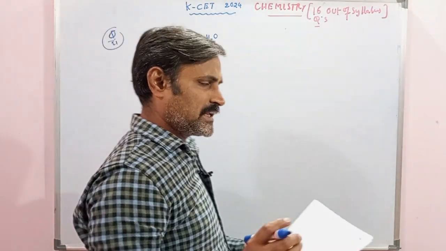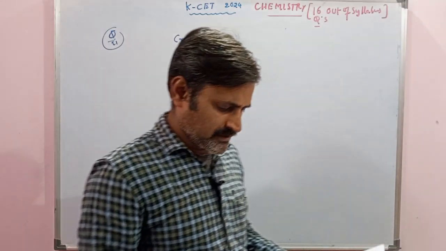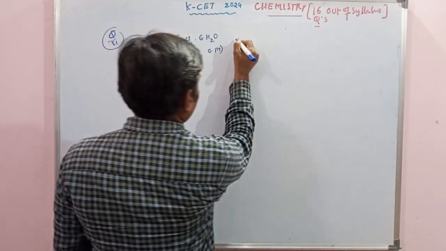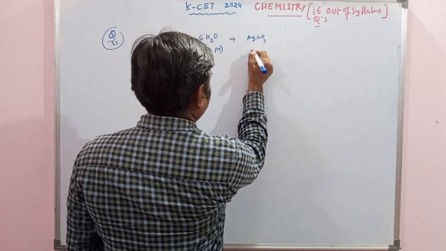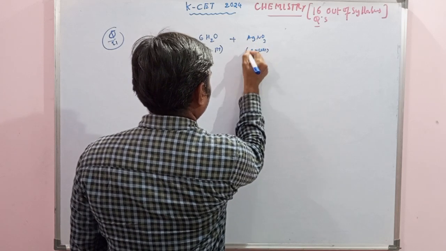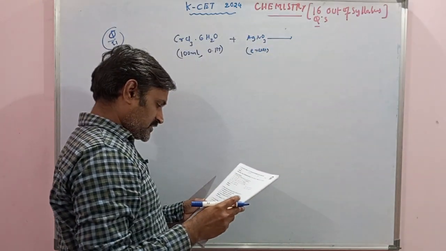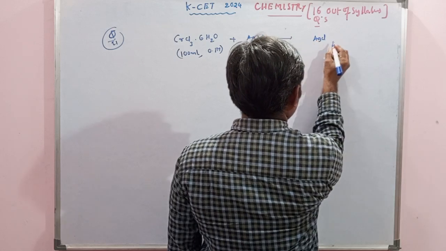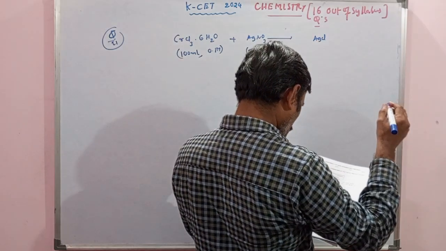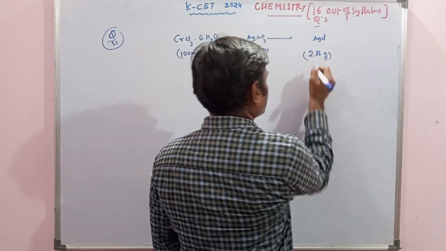It looks definitely like the coordination compounds chapter, and this is treated with excess of AgNO3, getting a complex, and AgCl was obtained. What is the AgCl that is obtained? 2.86 grams they are giving.